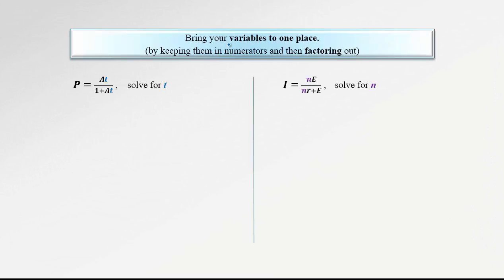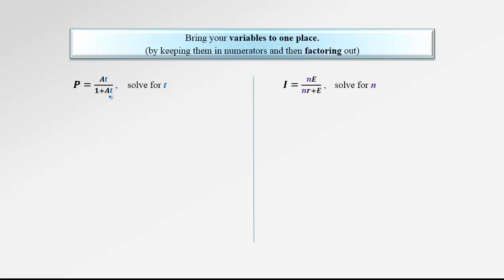And the last rule that we want to talk about: bring your variables to one place. We actually already had a chance to use this principle on the previous slide, but let's see two more examples that are a little bit more difficult, because this time the variable appears at two different levels, not only denominator, but in the numerator as well.